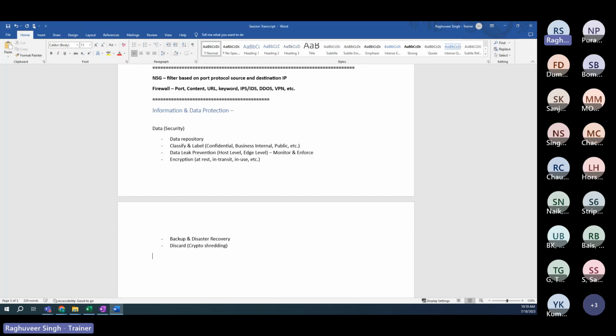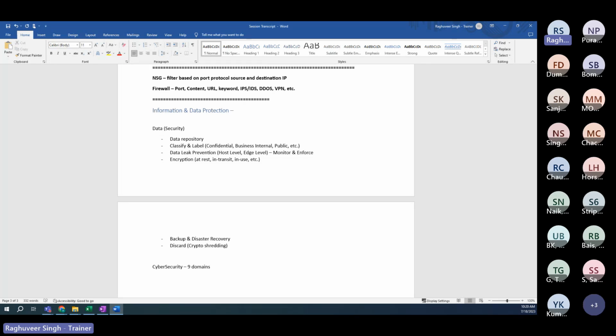Now, the beauty of cloud security: understand cyber security and cloud security. Cyber security has 9 domains, and you will find people expert in one domain. Say somebody who is an IAM professional, somebody who is a network security professional, a data security professional, somebody specializing in application security, somebody who deals with virtualization.